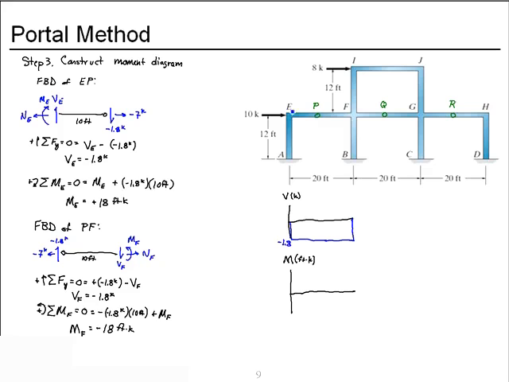My moment at end E, we said, was a positive 18 foot-kips, so at that rigid connection it jumps to plus 18, and then it decreases linearly, and we calculated at the right end it's a minus 18.